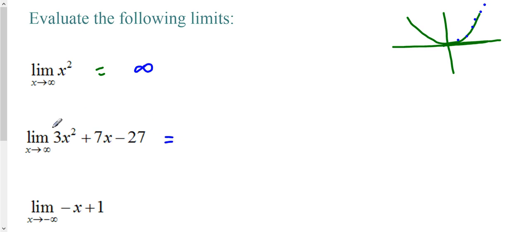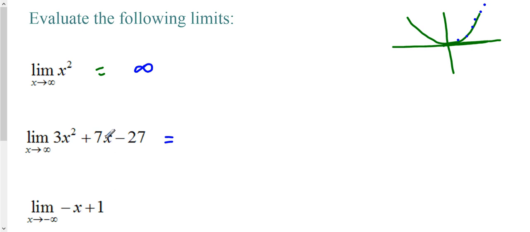And for something like this, again, I could graph it, but now I want to be able to answer these without a graph necessarily. And in that situation, we're going to basically go with the leading term approach. So infinity squared, think of it as like 10, 100, 1,000, a million, a billion, and you're squaring each one of those, right?